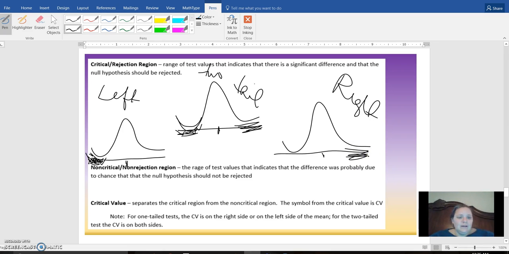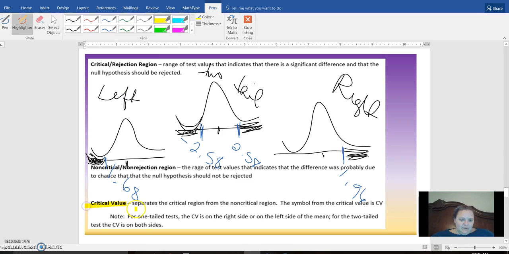When we do this, you'll find a value. Maybe this would be like 1.68, this would be like negative 2.58, positive 2.58, and maybe this one is positive 1.96. You'll find these critical values that separate.